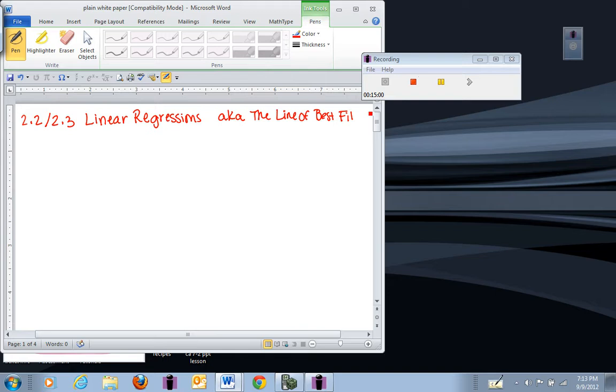And then what we want to put on here was how we would get the data in our calculator and then do a line of best fit.